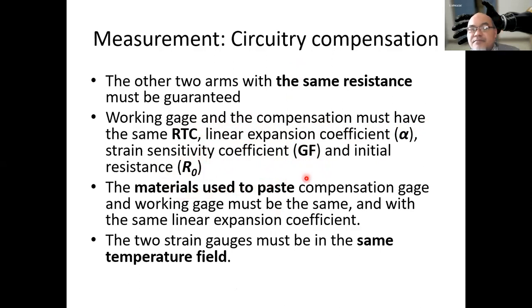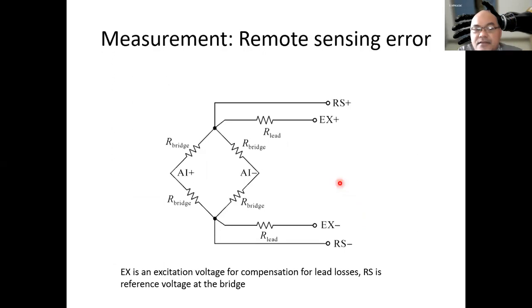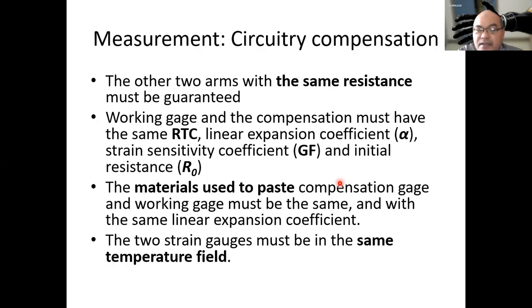The material used to paste the compensation gauge and the working gauge must be the same, with the same linear expansion coefficient. For example, if you use glue to attach the compensation gauge, the glue for the working sensor gauge must be the same as well.